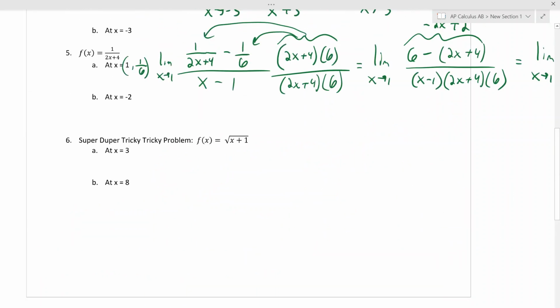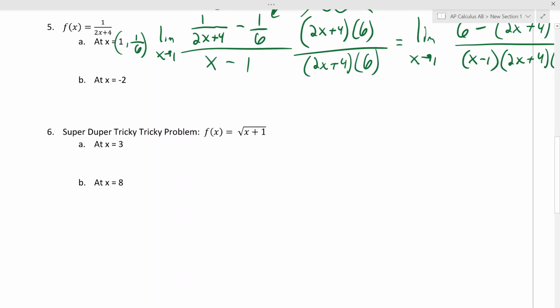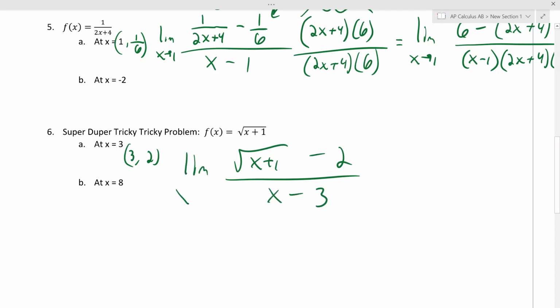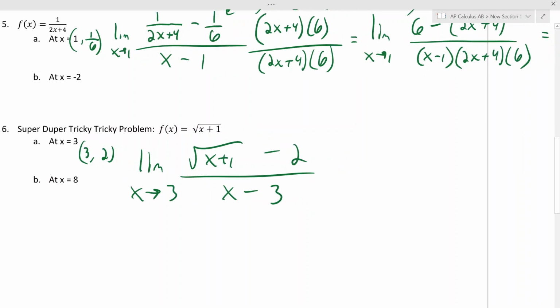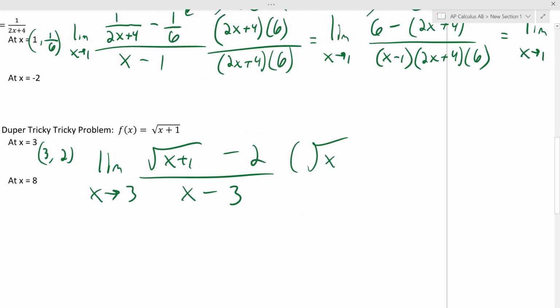All right. And for the bonus, which I know you all want to try, got that radical. It's not really too bad. The point is going to be 3, comma 2, because you put 3 into there, you get √4. And we're going to have y1 minus y2 over x1 minus x2. And we want to know, yo, what's happening as we approach 3? So we talked about this too.